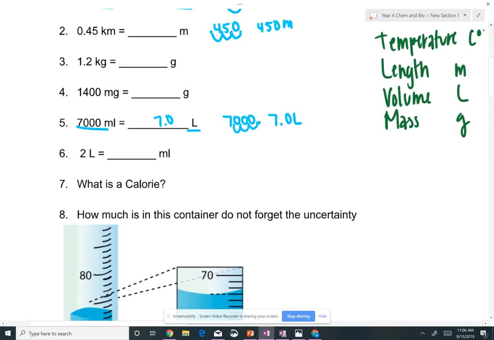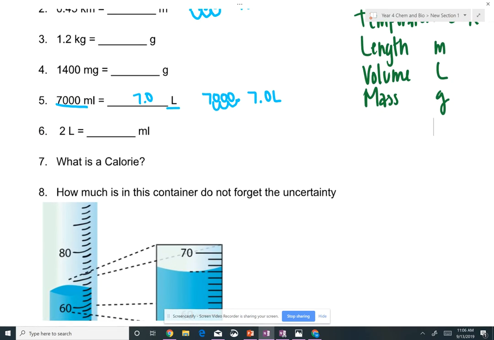Okay, so the next thing is your calorie. A calorie is a unit of energy. The main thing that you have to know about calories is that it pretty much is the amount of energy that you burn in a certain amount of time, because calories take a while to burn.